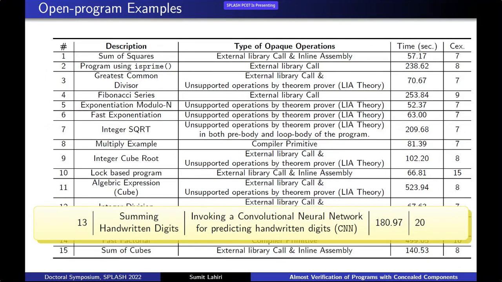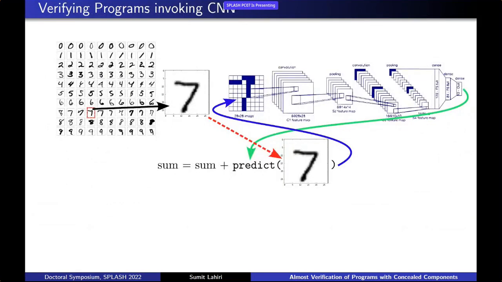An interesting example here is example number 13, which makes a call to a convolutional neural network to work with the program. For example number 13, we considered this array. This array contained about 100 elements, each of the rows having zeros, ones, twos, threes, and it would basically sum over this complete array.